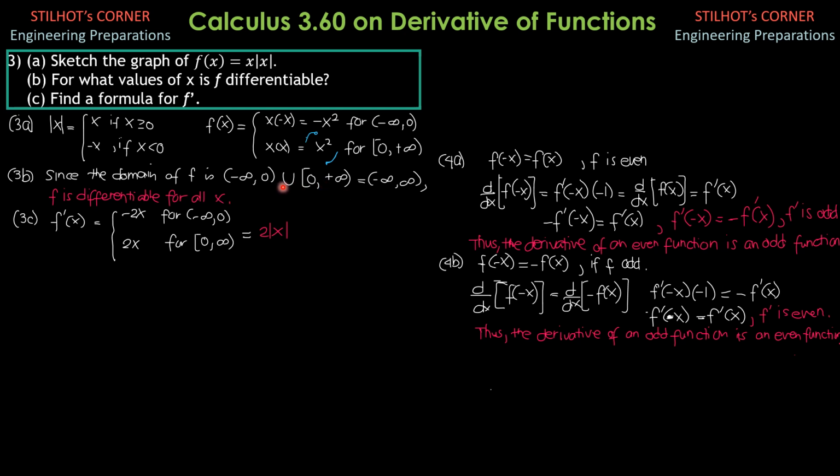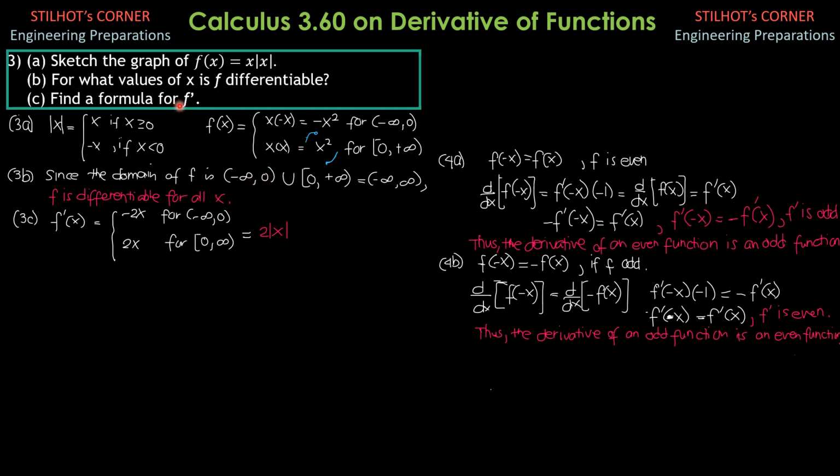So that means 0 is included because of this other interval where it is defined. Therefore, the domain is from negative infinity to positive infinity. So that means the function x times absolute value of x is differentiable everywhere. So it is differentiable for all values of x.